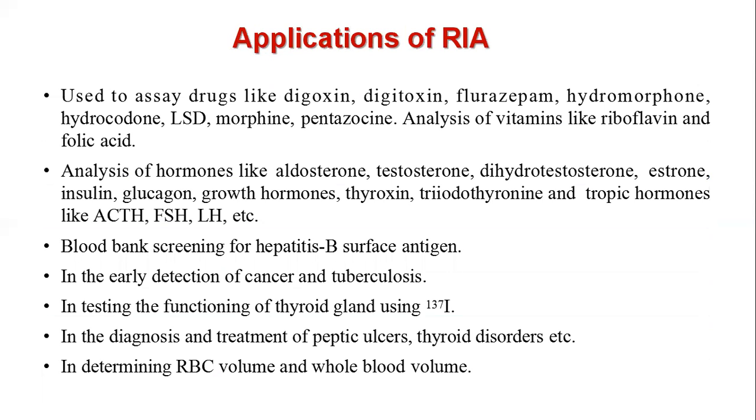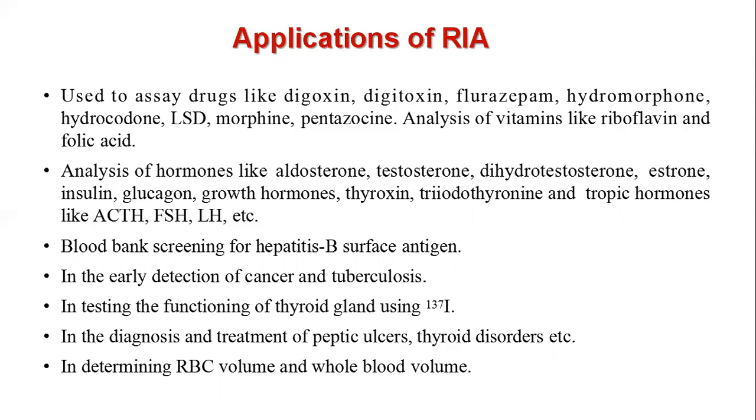Now what are the applications? This particular test can be used for assessment of drugs or drug abuse, like digoxin, flurazepam, hydromorphone, hydrocodone, LSD, morphine, etc. Then analysis of vitamins like riboflavin and folic acid present in blood samples.